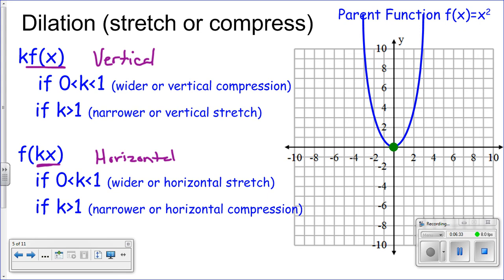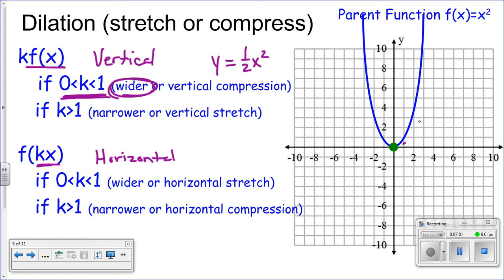Okay. If we have a decimal between, say, 0 and 1, this is actually going to look like it has been compressed. Okay, so this is going to look wider. So for example, y is equal to 1/2 x squared. What this is going to do is take all of our output values and take half of them. So in other words, your output value here is 1, take half.